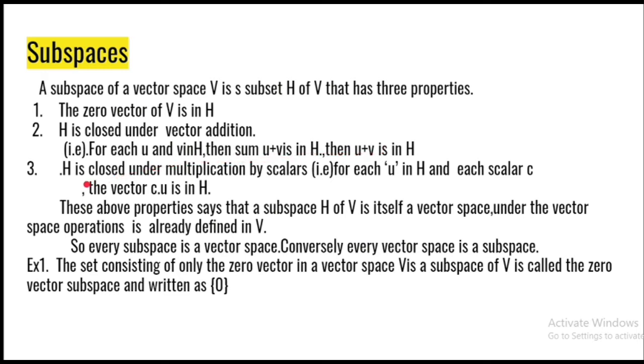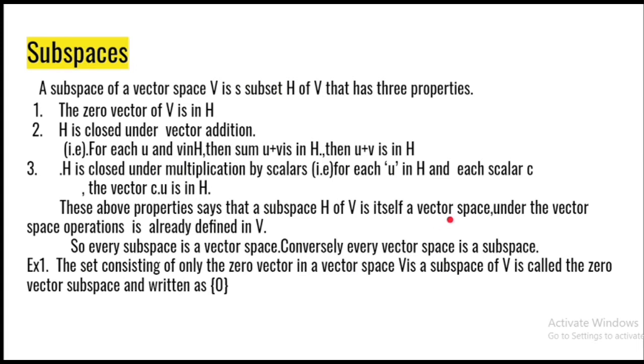Now the third property: H is closed under multiplication by scalars. That is, for u in H and each scalar c, the vector c dot u is in H. Now these three properties say that a subspace H of V is itself a vector space. Why?